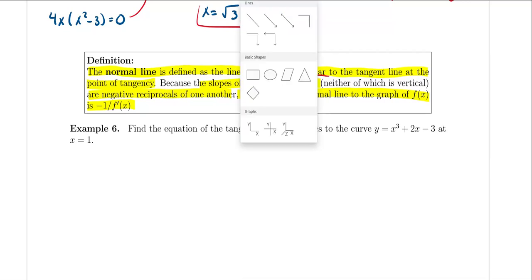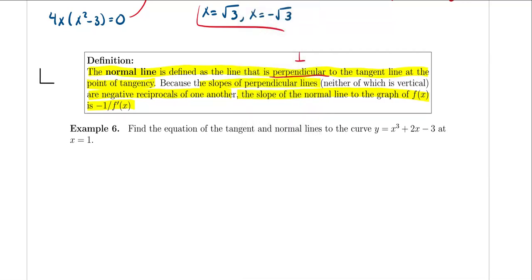And let me give you a quick sketch. Let's say we're given this function here, something like this. If we find the tangent line at x equals 1, this is our tangent line, and let's give it a slope of, I don't know, 2.